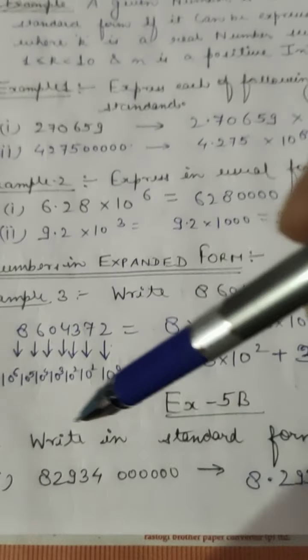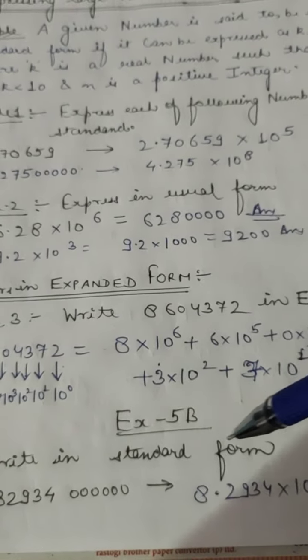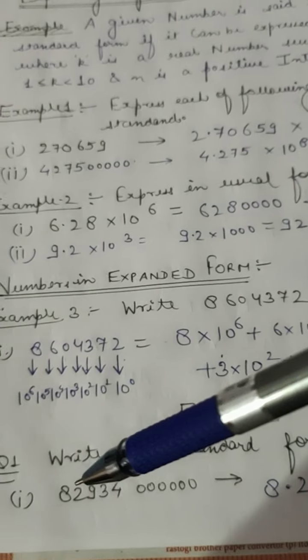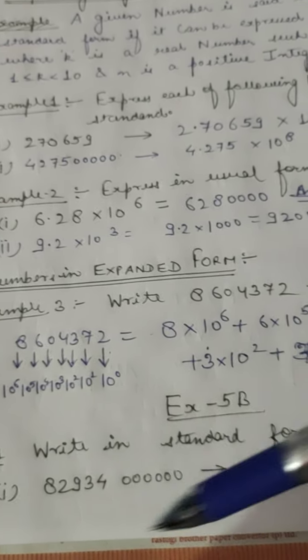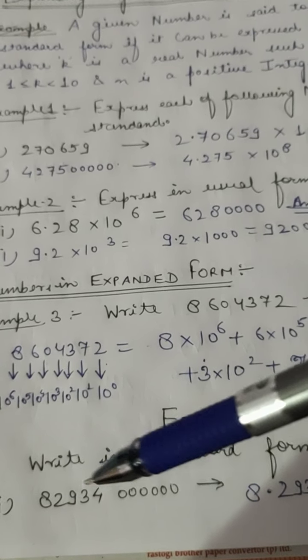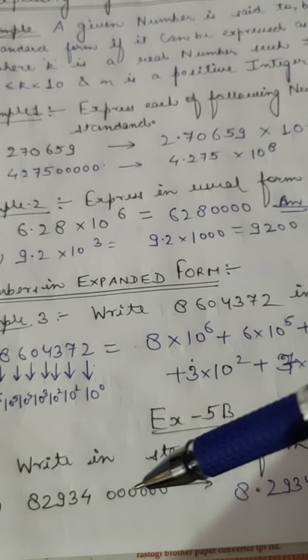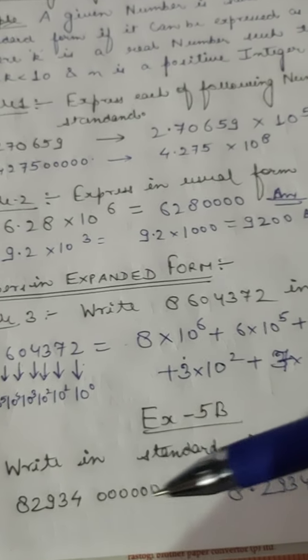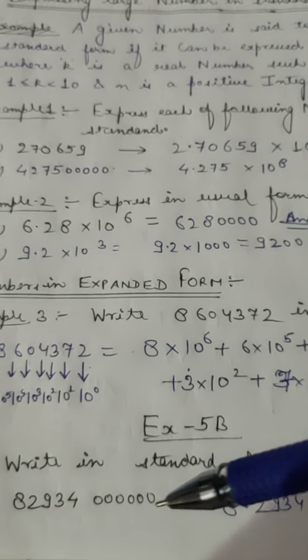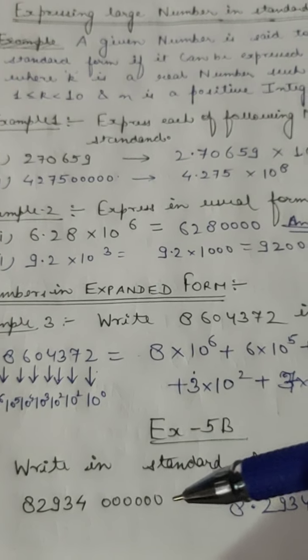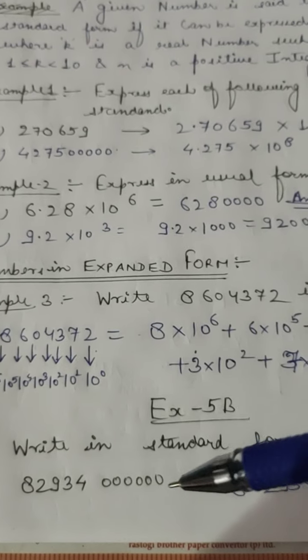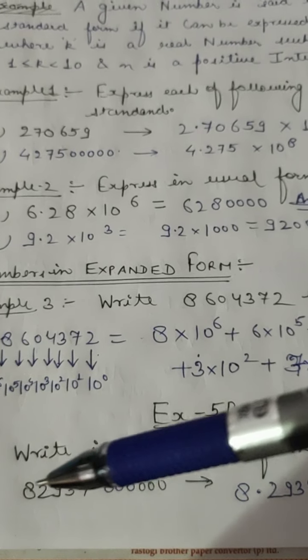Next, I have solved some of the questions from exercise 5B. Kindly go through it. First question is, you have to represent this number in standard form: 8293400000 00. So right now the decimal is present over here. Now you have to shift this decimal after 8.